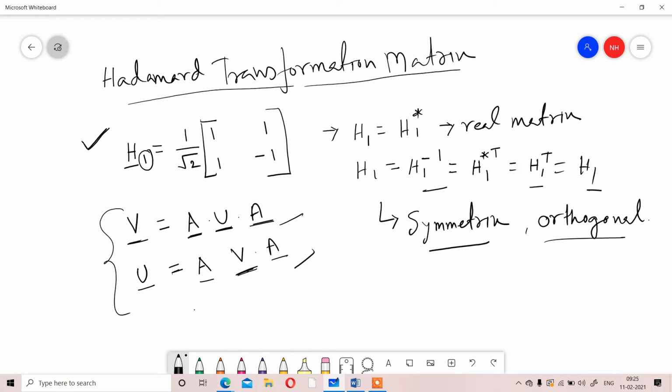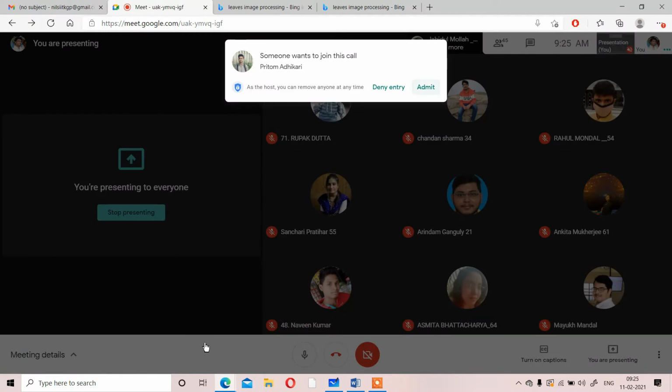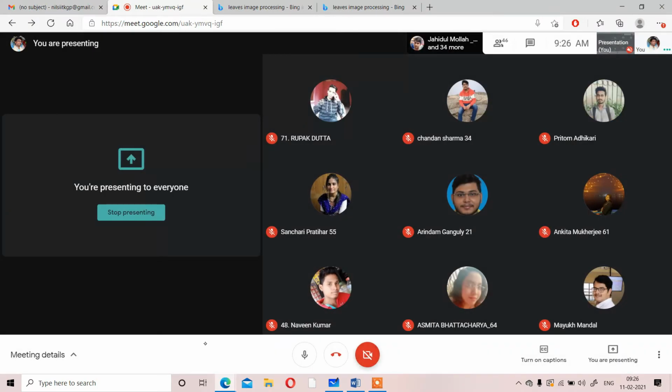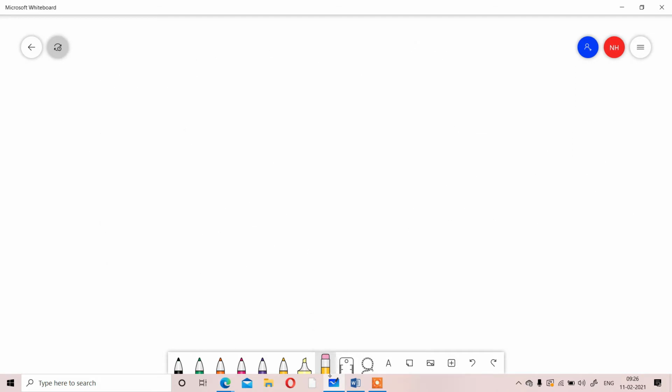Now, what should be the order of the Hadamard matrix? The lowest order Hadamard matrix is defined by H1. Then what should be the order of the Hadamard matrix?